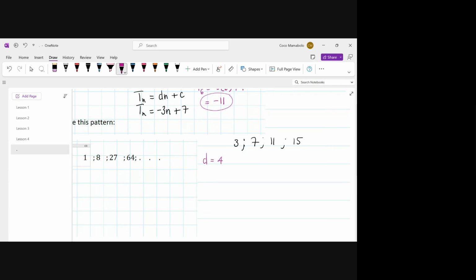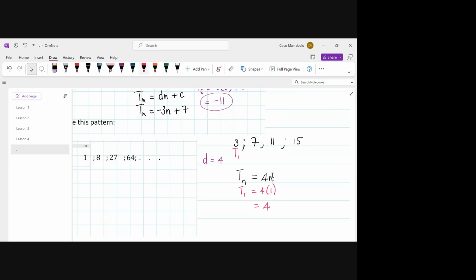Now, if I say Tn is equal to just 4n, I know that if I replace n with my first term, T1 is 3. So if I go T1, that's going to equal 4 times 1. My answer is going to be 4.